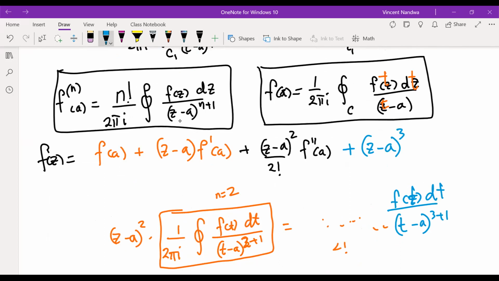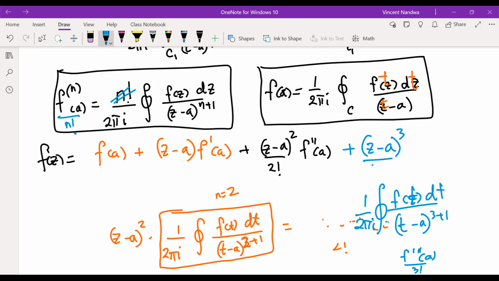Then we have 1 over 2 pi i integral. So similarly, if you want to have 1 over 2 pi i, it means that you need to divide by n factorial here. So n will be 3. So we'll have the third derivative at a divided by 3 factorial.